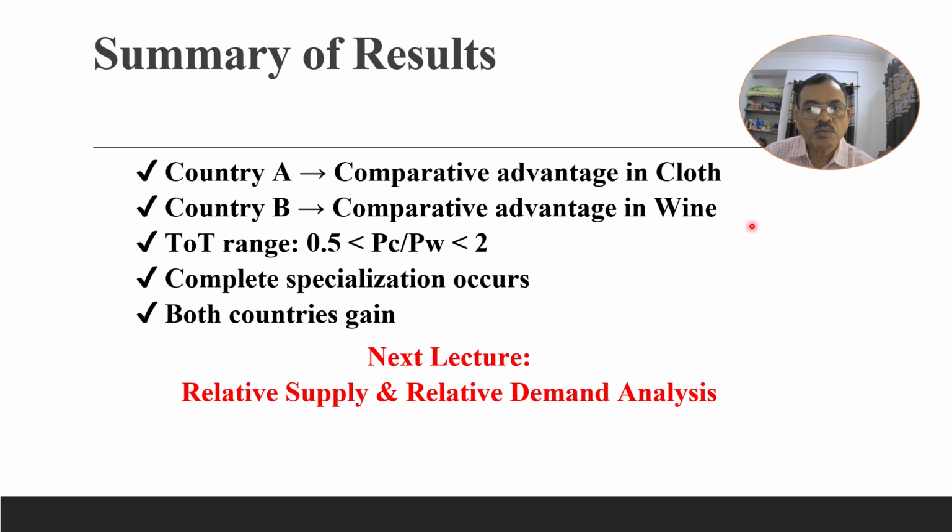Specialization increases world output, and mutually beneficial terms of trade lie, in our example, from 0.5 to 2.